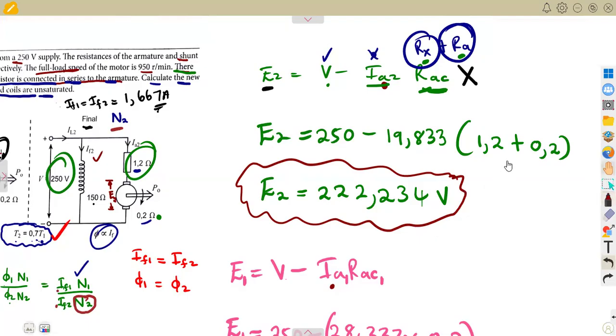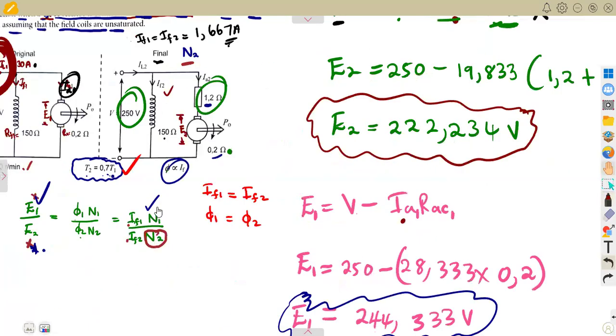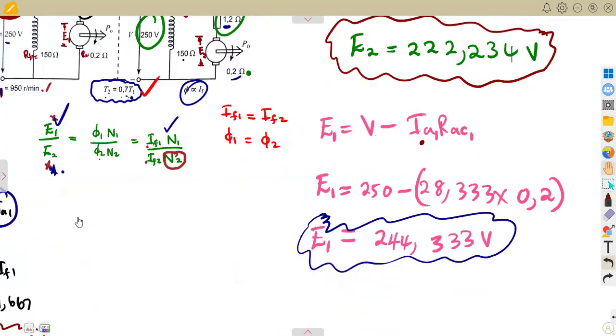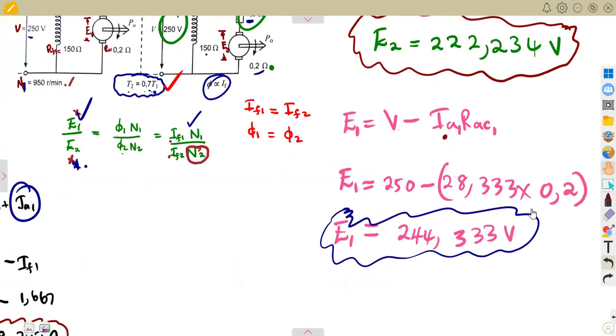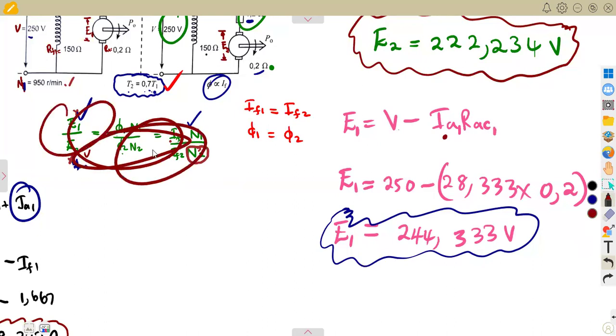On this formula that we are given here, that we said we will need to use to find whatever you're given, we can see that everything is now there. E1 is E2. Everything is now there. What we need is N2, so we're going to make it the subject. So you write down this formula first.